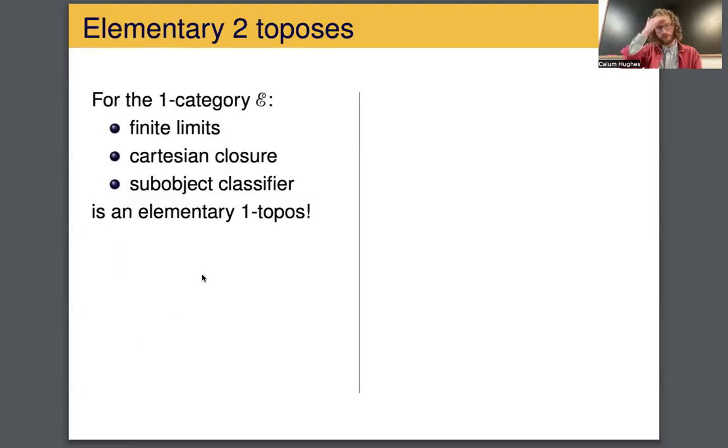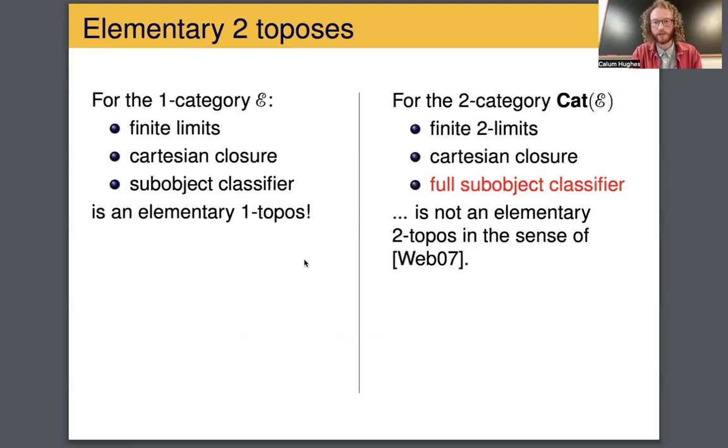Okay, so as I said earlier, the first three conditions of the elementary theory of the category of sets give the definition of an elementary topos. The first three conditions for the elementary theory of the 2-category of small categories do not give the definition of an elementary 2-topos in the sense of Mark Weber.